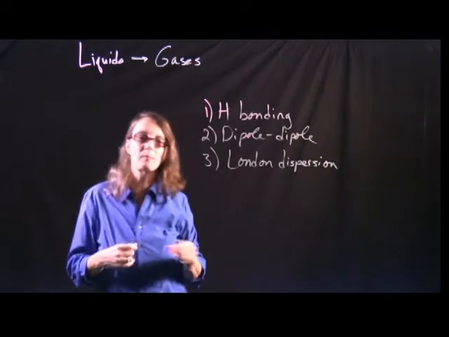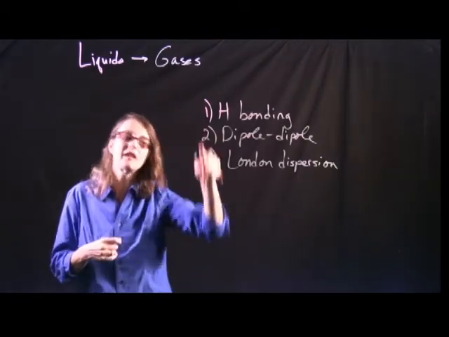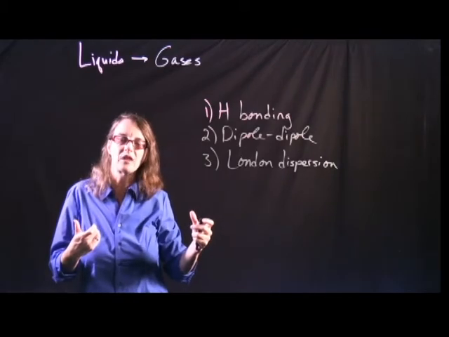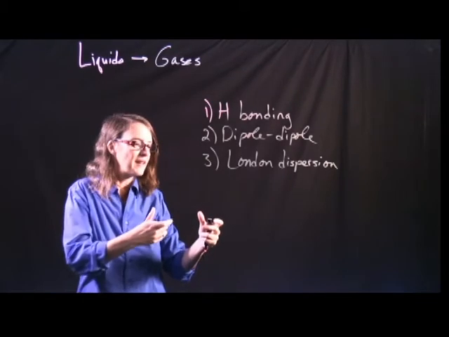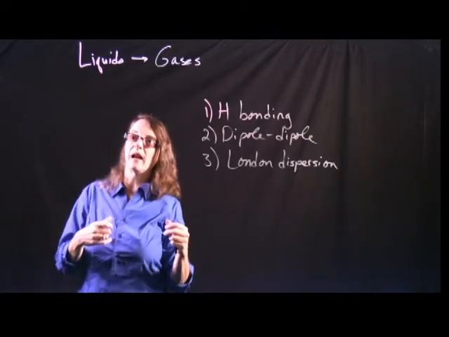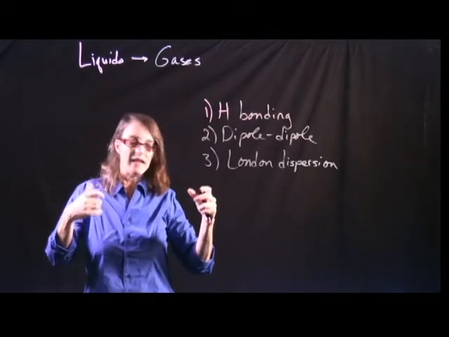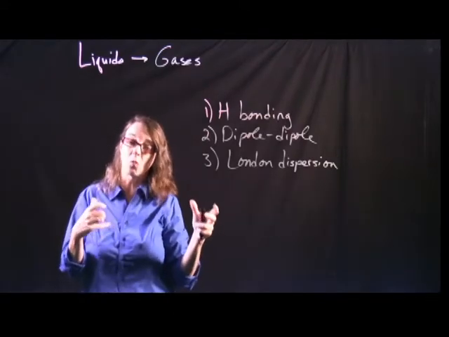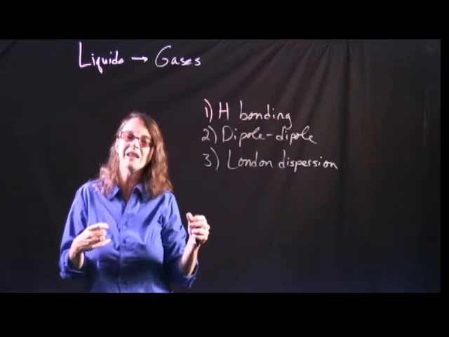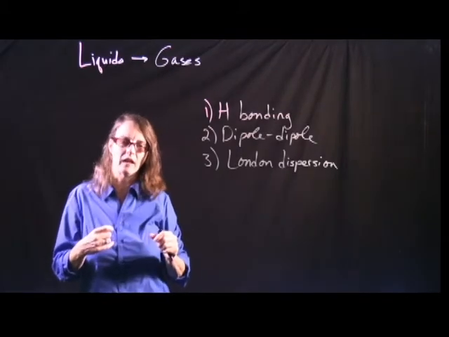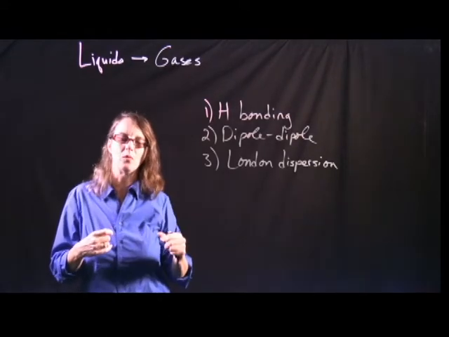The London dispersion forces, generally thought to be the weakest of the 3, but all substances have a London dispersion force. That is the effect of the electrons that are within the structure. You can kind of think of it in that at any given point in time, you might have more of those electrons on one side of that structure than the other, generating a small amount of polarity and an attraction between neighbors.